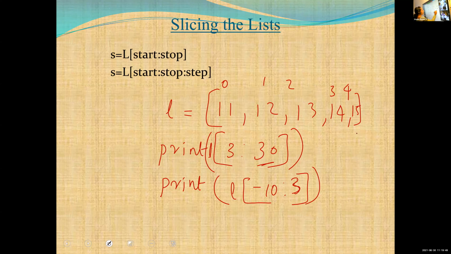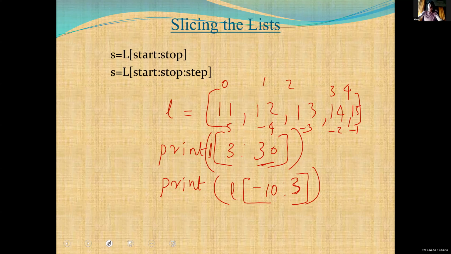Minus 1, minus 2, minus 3, minus 4 and minus 5. Only minus 5 is there. So what will happen? It will take the result from the beginning, that is from minus 5. Minus 10 is the start value, but index minus 10 is not there, so it will start from minus 5. Okay, is it clear, Alvin?